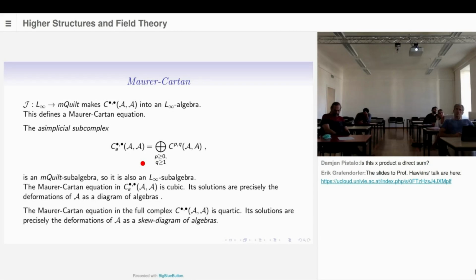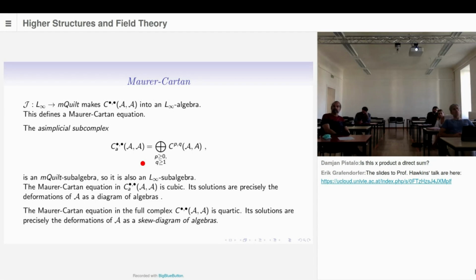So on that subcomplex, the Maurer-Cartan equation has infinitely many terms in principle, but most of them are 0, and it actually stops at the cubic term. So the Maurer-Cartan equation in the asimplicial subcomplex is only cubic. Just like something we saw before, the solutions to that Maurer-Cartan equation are precisely the deformations of the diagram of algebras, as a diagram of algebras.